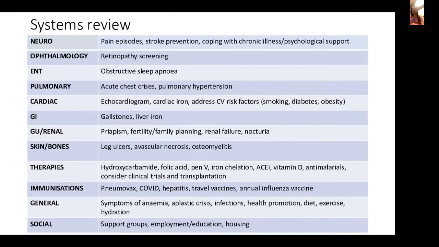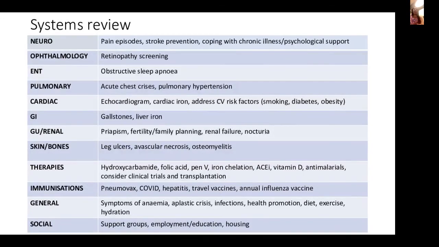Make sure they've had their pneumococcal vaccine, COVID, hepatitis B vaccine, they may need a booster. Any patient that's going to be on regular transfusions, we will screen for hepatitis and make sure they've had their hepatitis B vaccines, and make sure that they get boosters if the immunity is waning. And if they're going abroad, make sure they have travel vaccines and an annual flu vaccine.